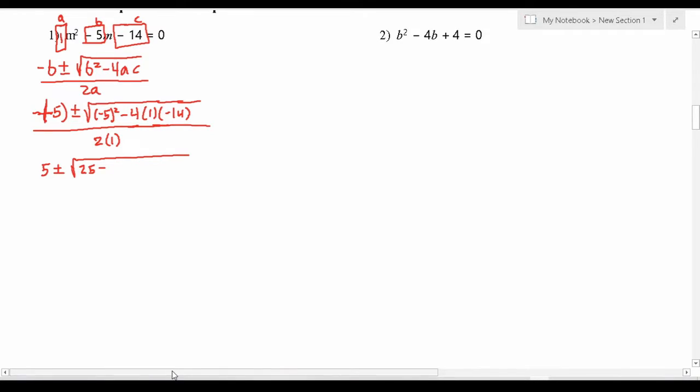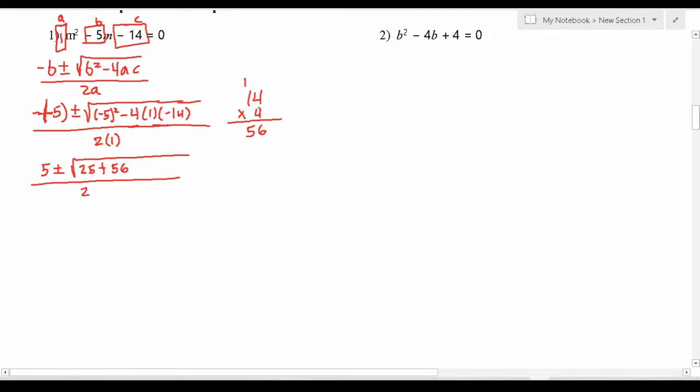Again, negative times a negative is positive. 14 times 4. 4 times 4 is 16. Carry the 1. 4 times 1 is 4, plus 1 is 5. So this becomes 25 plus 56. And again, this is all over 2a, or 2. Again, 2 times 1 is just 2.